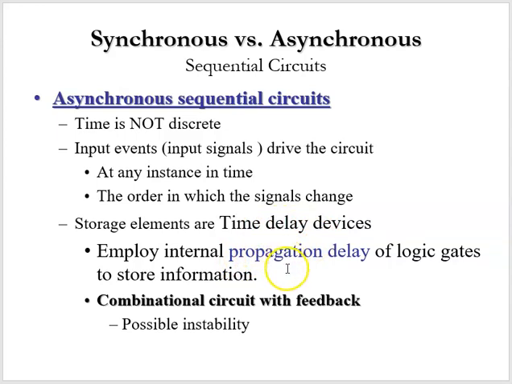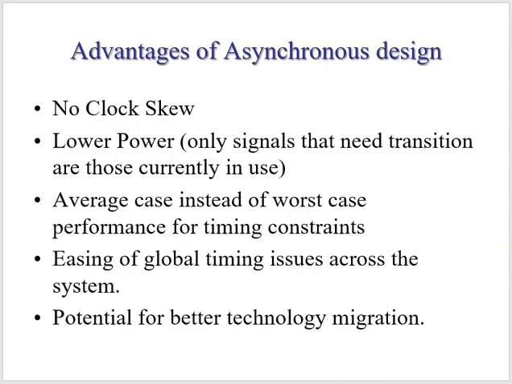The propagation delay of the logic gates is what we use to store the information. So it's a combinational circuit with feedback, and it has the possibility of instability. Again, we're really studying synchronous sequential circuits, but we're going to need asynchronous sequential circuits to build the synchronous sequential circuits.